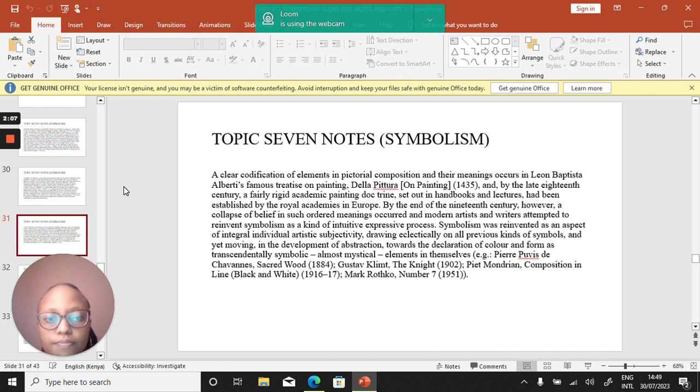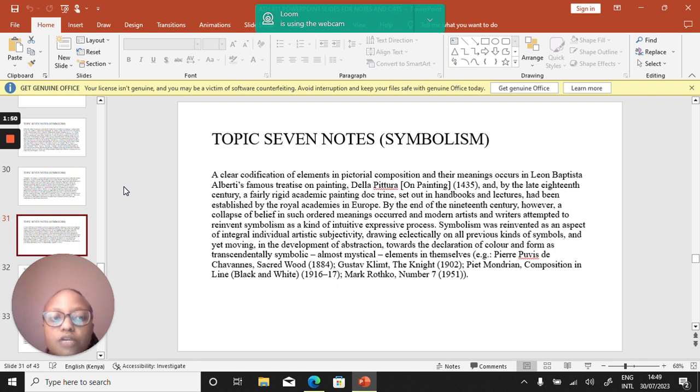By the end of the 19th century, however, a collapse of belief in such ordered meanings occurred, and modern artists and writers attempted to reinvent symbolism as a kind of intuitive, expressive process.